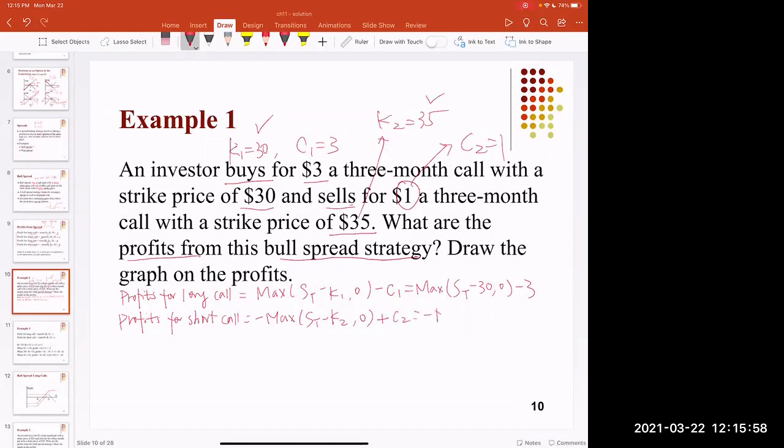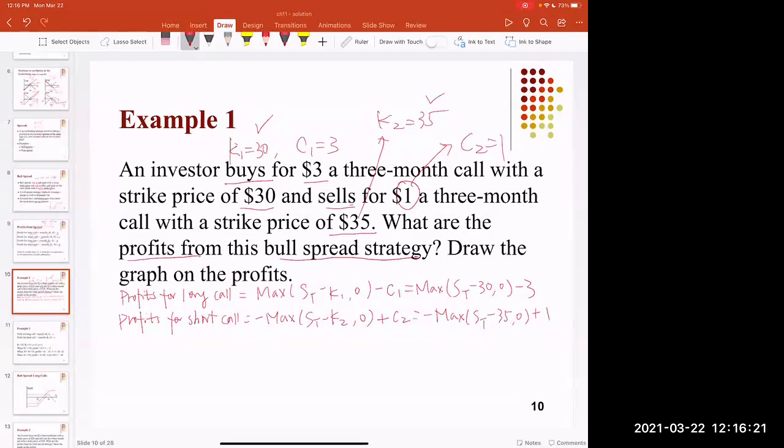So the maximum value between ST minus K2, K2 we know is 35, and 0, plus C2, which is 1. Okay, so that's the profits for the two options. And for the whole strategy, for the whole portfolio, we just add them together.